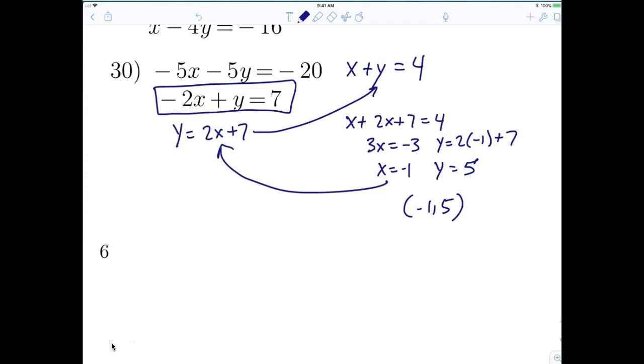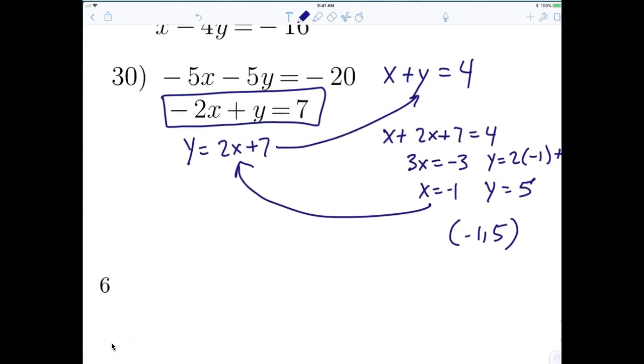Now, over here, I want to highlight the two things. This x plus y equals 4, if I solve that, that's just y equals negative x plus 4. So under y1 and y2, type that in real quick, and then see if we got the right answer.